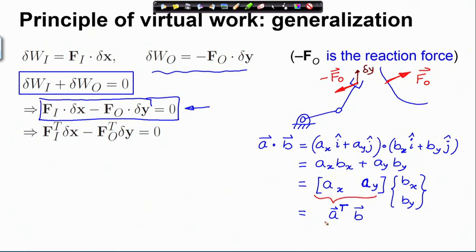The A vector is considered to be a column vector, so the transposition makes it a row vector. As a matrix product, this becomes A transpose B. So, A dot B can be written as A transpose B, and that is what I have used here.